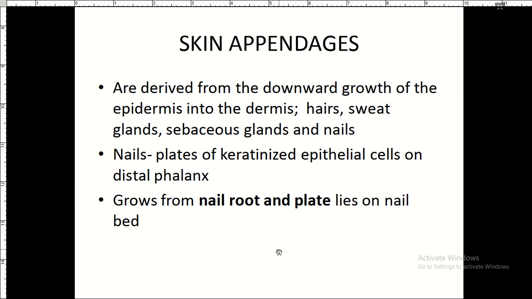So if you see the nail bed with a dark purplish appearance, that can actually mean that there is ischemia or hypoxia issues.